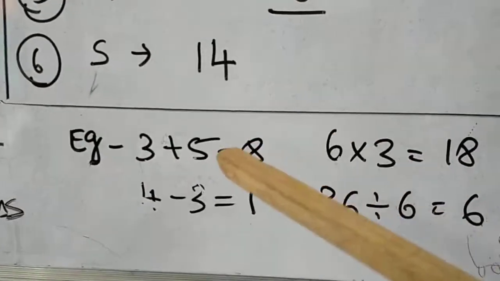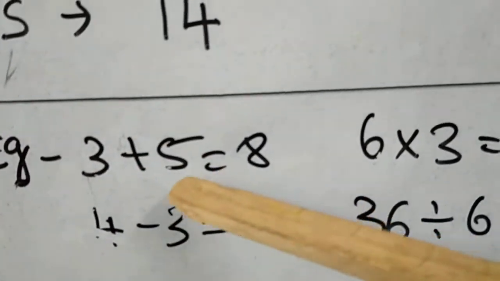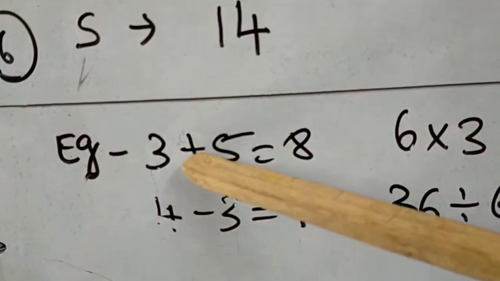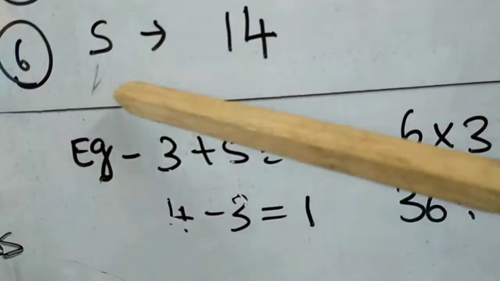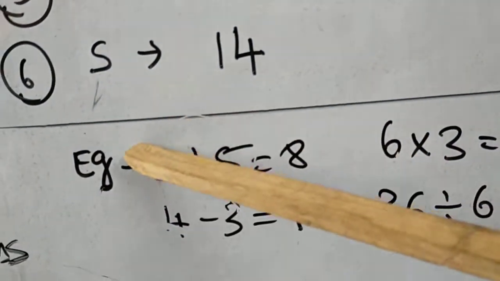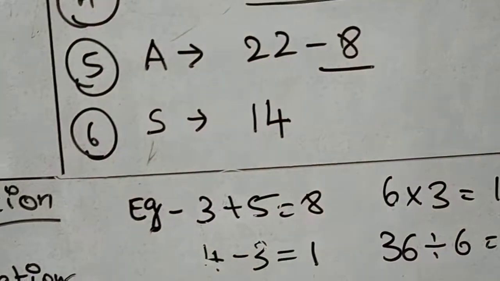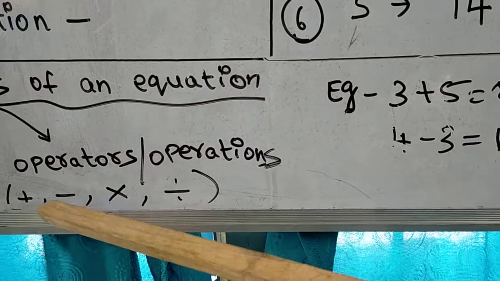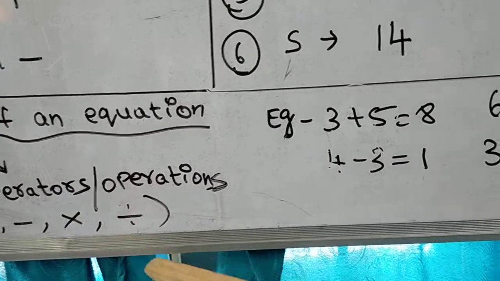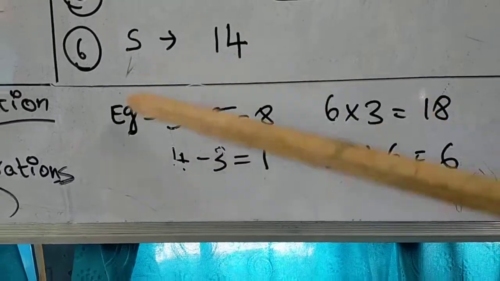Now see here, I'll explain with an example. This 3 is a number, kids. 5 is one number. There is a character in the center that is joining these two numbers and making an expression and creating a unique answer. That is called what? Operators. So an operator is a character, plus or minus or into or division, which is joining or combining two numbers to create an expression.